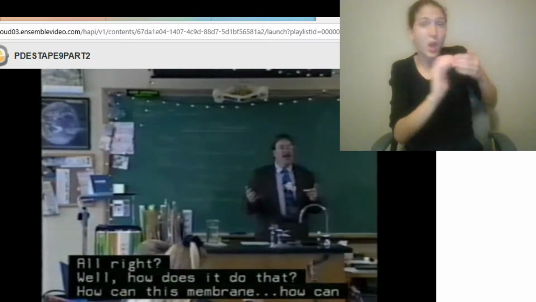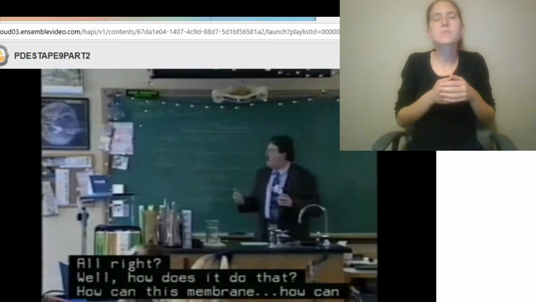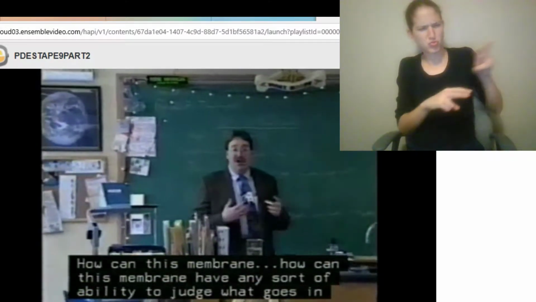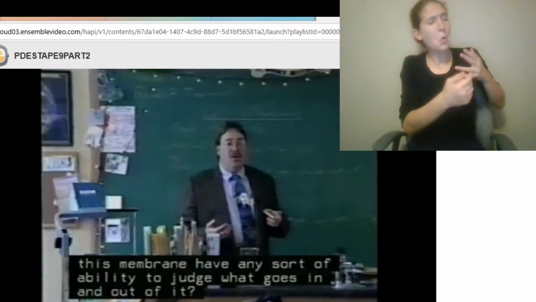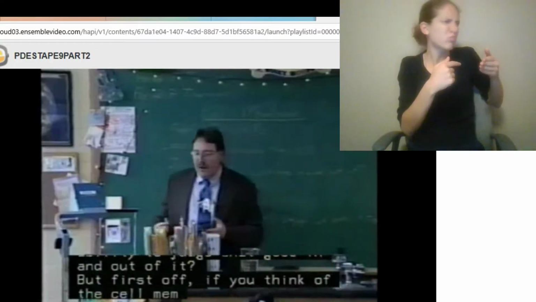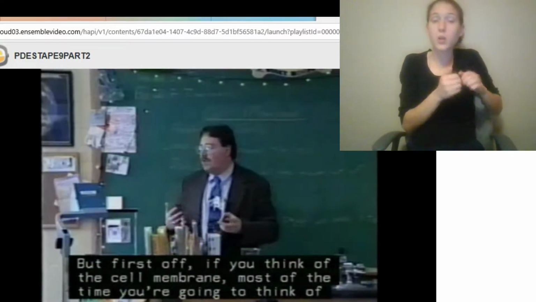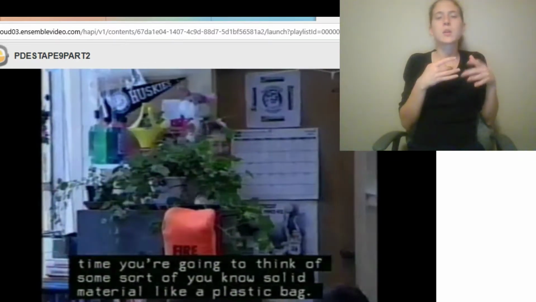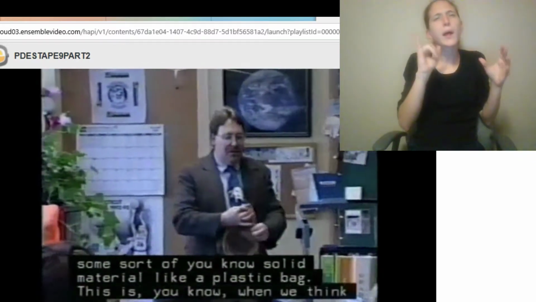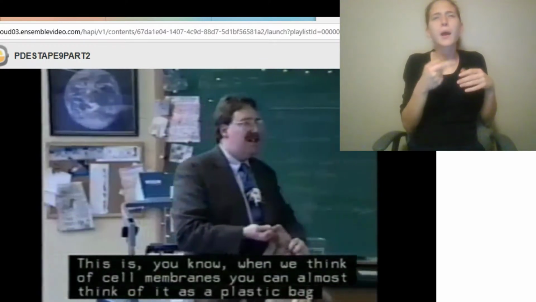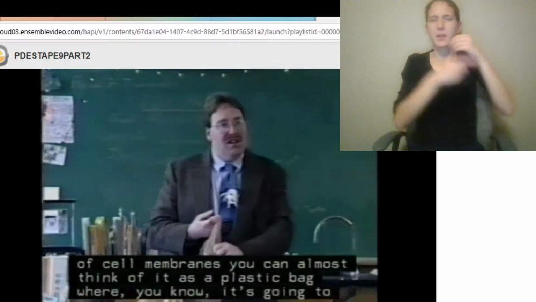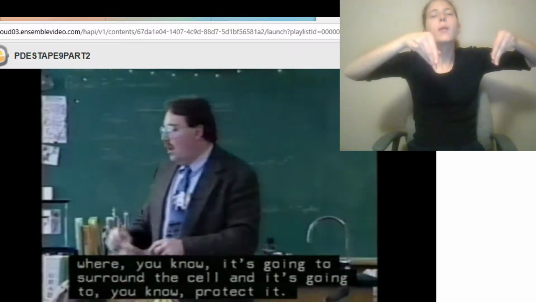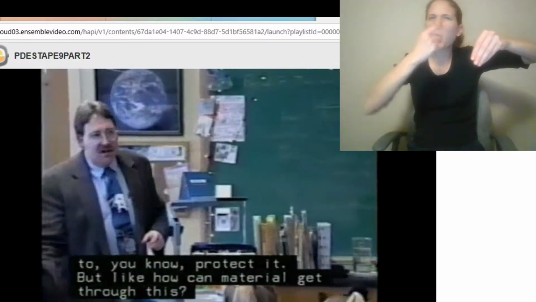How can this membrane have any sort of ability to judge what goes in and out of it? Well, first off, if you think of the cell membrane, most of the time you're going to think of some sort of solid material, like a plastic bag. When we think of the cell membrane, you can almost think of it as a plastic bag, where it's going to surround the cell and protect it. But how can material get through this?